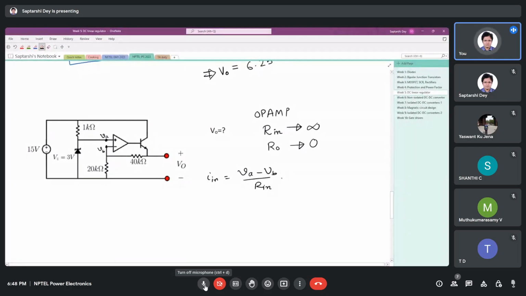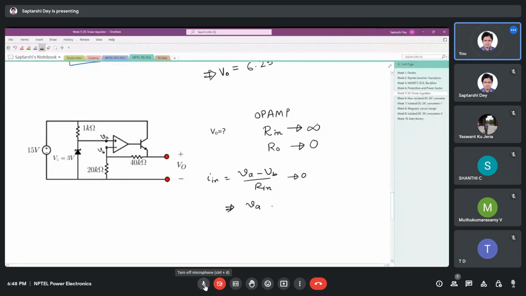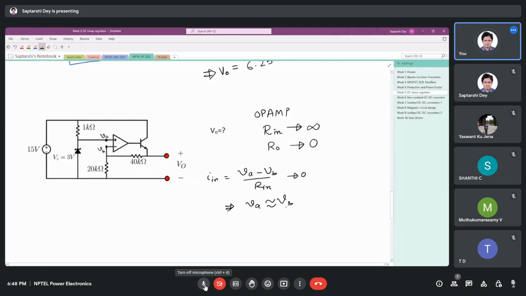Now R in tends to infinity, so this thing tends to 0. So what we can say is, in this circuit, VA and VB are very close, virtually the same. I think you remember this term of virtual ground from your op-amp circuits, summer circuit, subtractor circuit, and integrator circuits. So the same thing of virtual ground. So these 2 points VA and VB we can consider at the same potential. This is there because there is a feedback here.